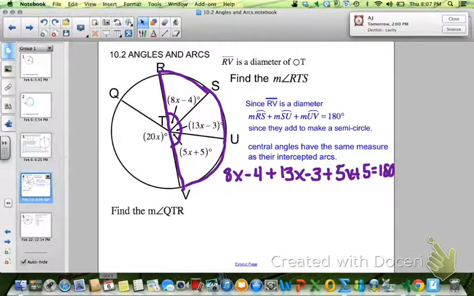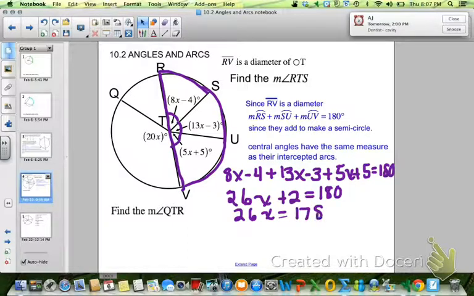8 plus 13 is 21x plus 5x. Let's actually put all that together. So 21x plus 5x is actually going to give me 26x. I have minus 4 and minus 3 is minus 7, plus 5 is minus 2, equals 180.